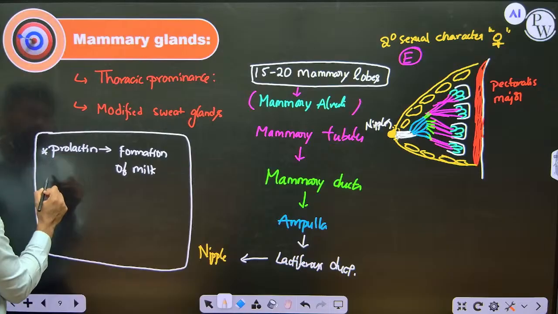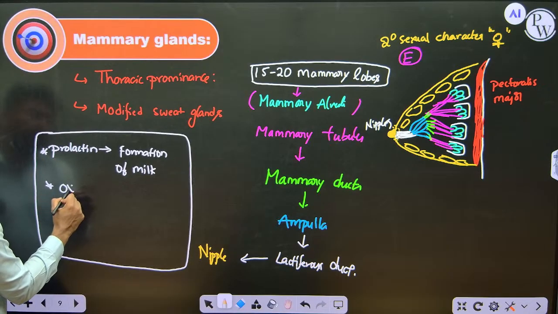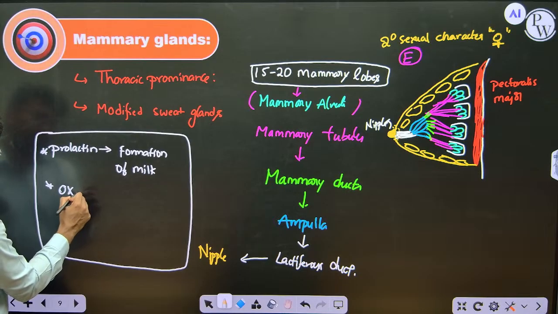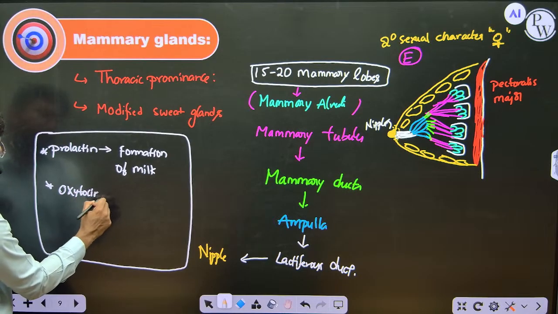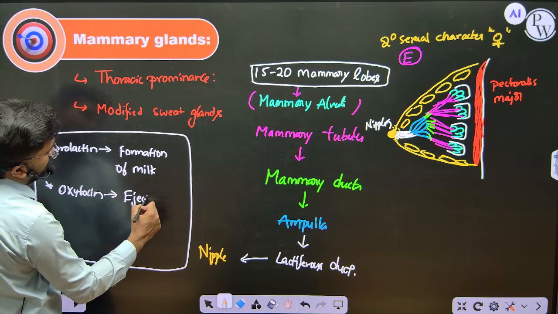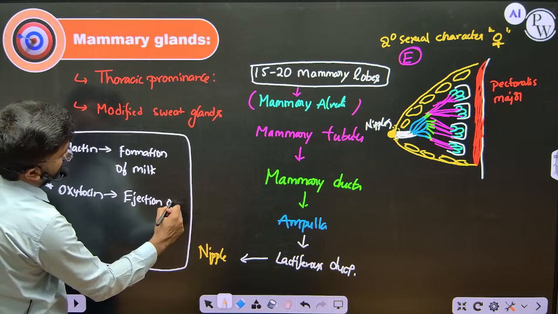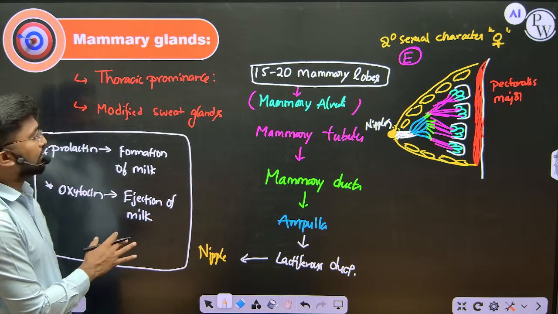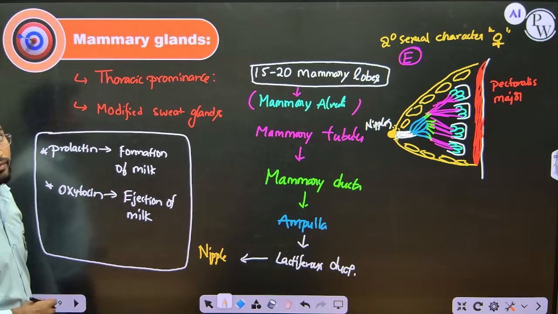The second is another hormone called oxytocin. What is the function of this hormone? It helps in the ejection of milk. Oxytocin, ejection of milk. Prolactin, formation of the milk.